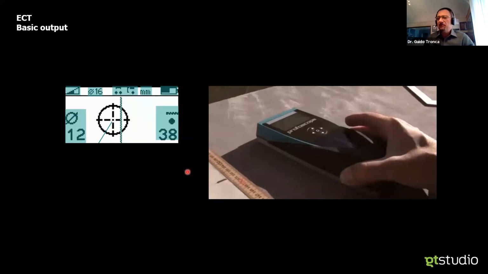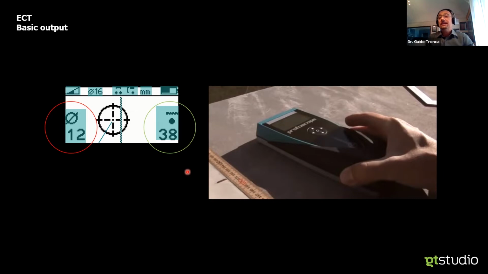The very basic output, which you can find in entry-level instruments, when moved on the surface, can easily locate the rebars, providing the location and also a spot measurement of a given cover and of a rebar size. This is the entry-level rebar location that can be used.